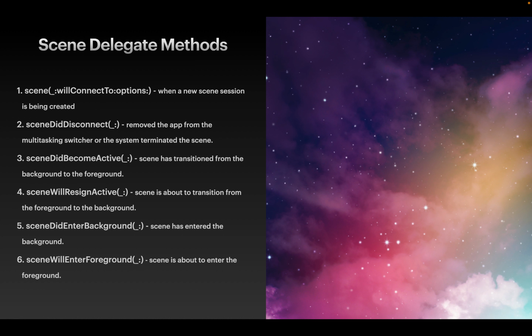And then scene will enter foreground. That is when we come back to the application again, this delegate will be called. So in the form, as I said, if we saved something, we can put it back in the current screen. So these are the delegate methods that we have available in the scene delegate.